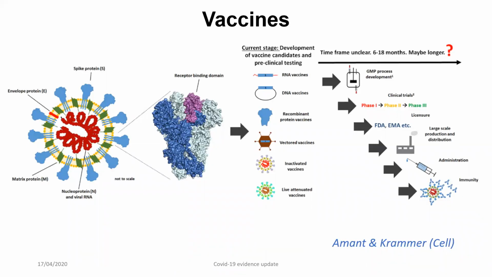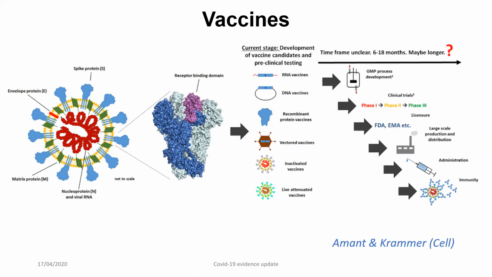These are the different vaccine targets that you can have. Ones that target the RNA, DNA vaccines, recombinant protein vaccines, which would look at these external surface protein, vectored vaccines, inactivated vaccines, where it's an inactivated coronavirus cell, or live attenuated vaccines.